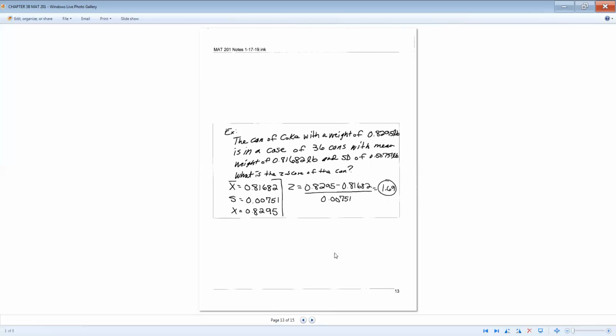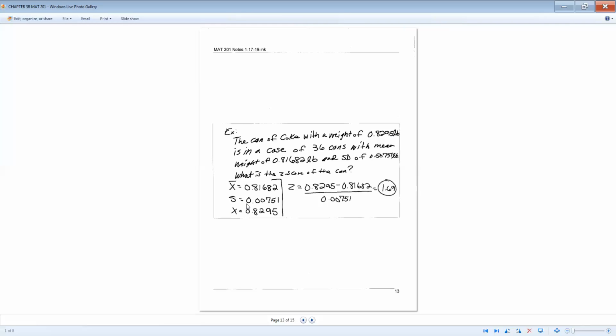Here's another example. A can of Coke with a weight of 0.8295 pounds is in a case of 36 cans with a mean weight of 0.81682 pounds and a standard deviation of 0.00751 pounds. What is the z-score of the can? So once again, 0.8295, we establish what is the data value in question.